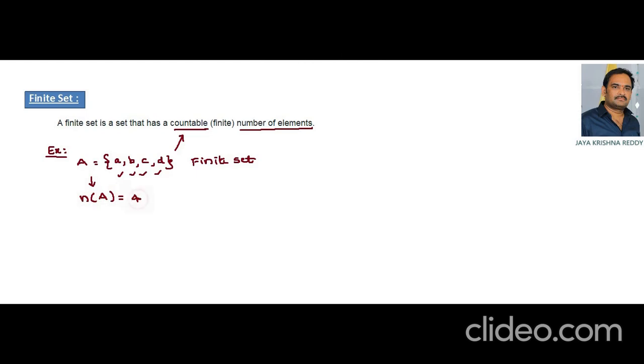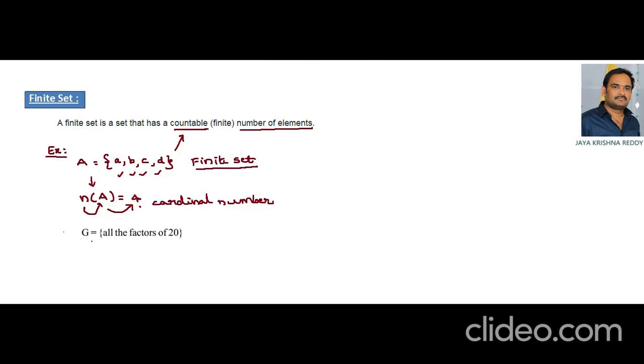Here n(A) means the number of elements in set A. It represents that the set A has 4 elements. This number 4 is called the cardinal number or cardinality of the set. That means the number of elements of the set. So it is 4, which means it is countable. So we can say that set A is a finite set.